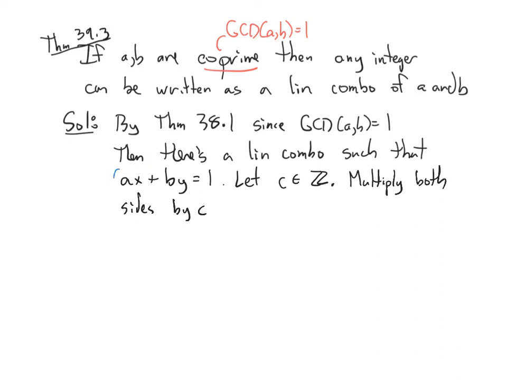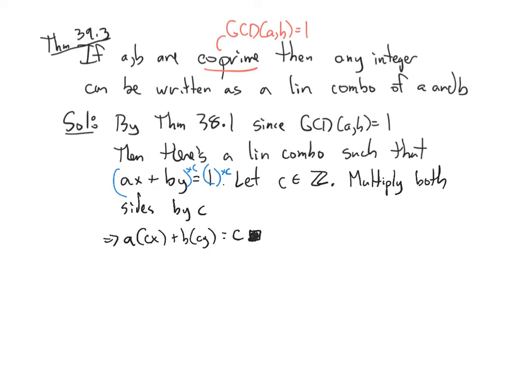So let's do it. So then we get, well, a times cx plus b times cy is indeed c. And we're done.